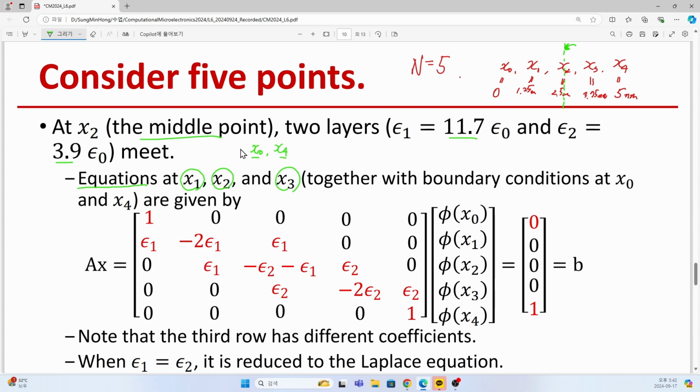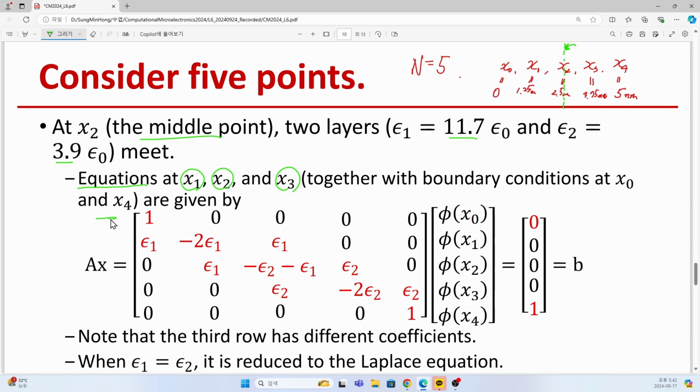These two points correspond to L1 and L2, the leftmost point and the rightmost point. So for these two points, instead of applying the source-free Poisson equation, we just introduce the boundary condition.